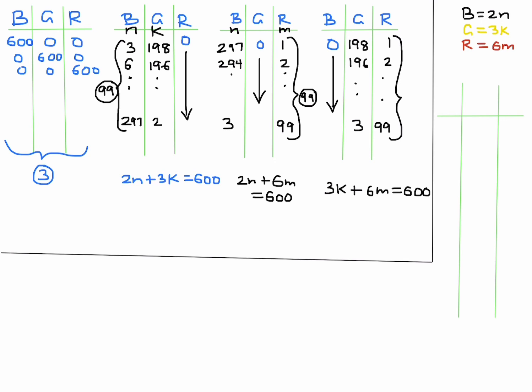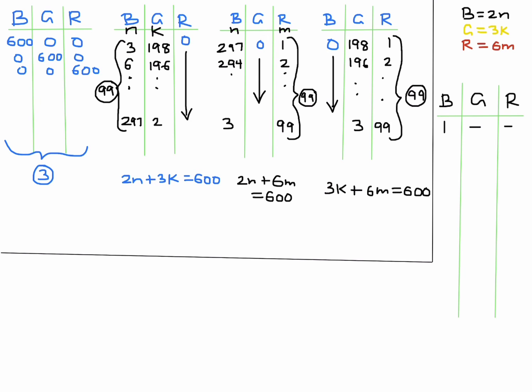Very easy to count. How many? 99. So there we go. So those ones are done. Now we get to a scenario where we have sum of all three colors. There's no zeros anymore. So I've got to figure out B, G, and R. All right, so if I put in 1, I quickly figure out that it's not going to work.